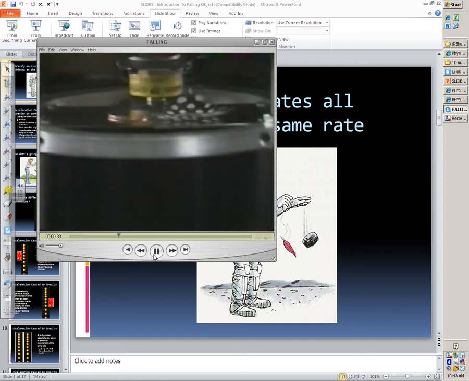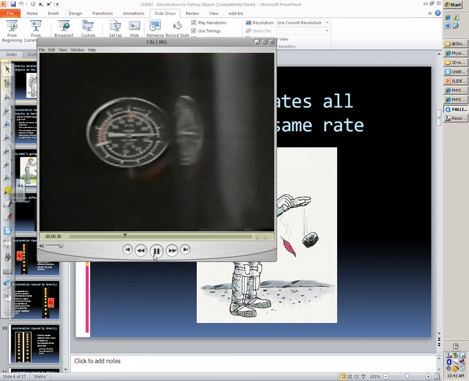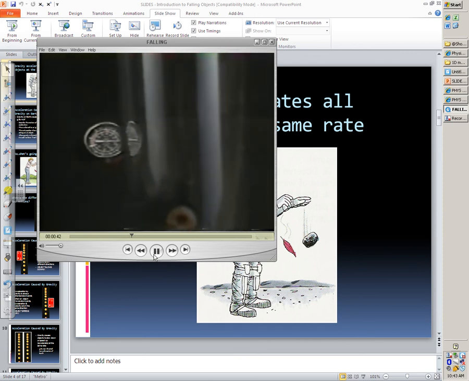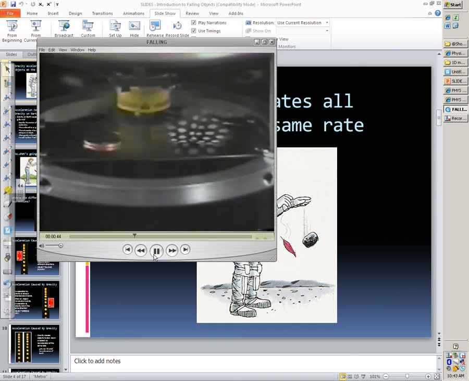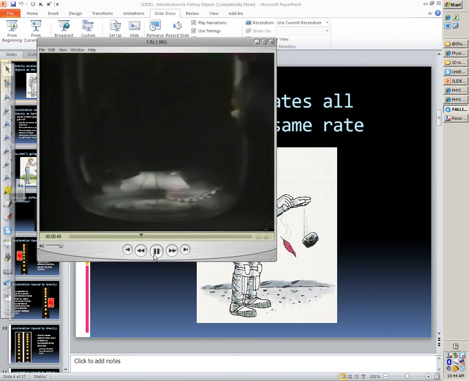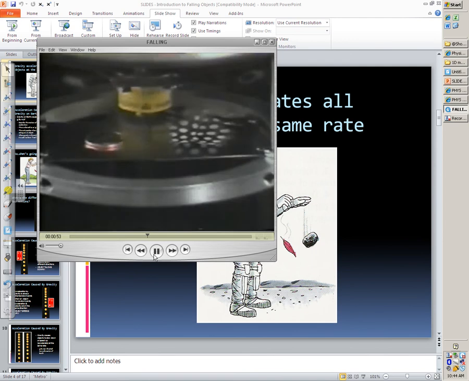When we drop the penny and the feather this time, we see that they fall neck and neck simultaneously, and they both will hit the ground at the same time. All objects, no matter how big, how small, how light, or heavy, will increase in speed as they fall, gaining 32 feet per second each second.